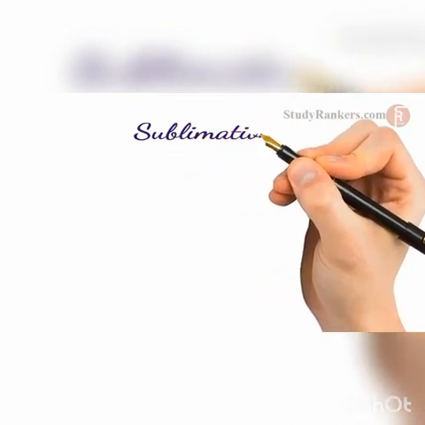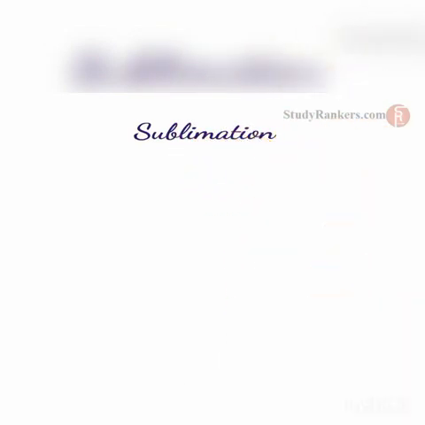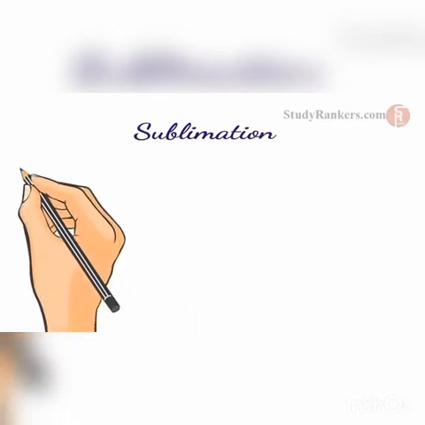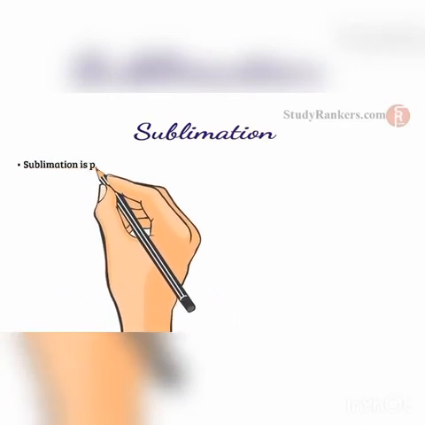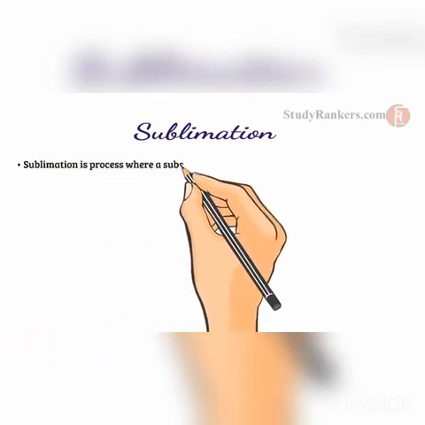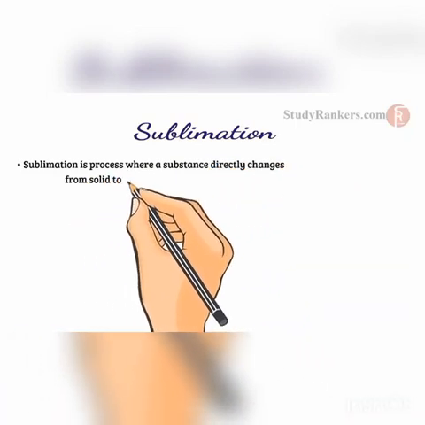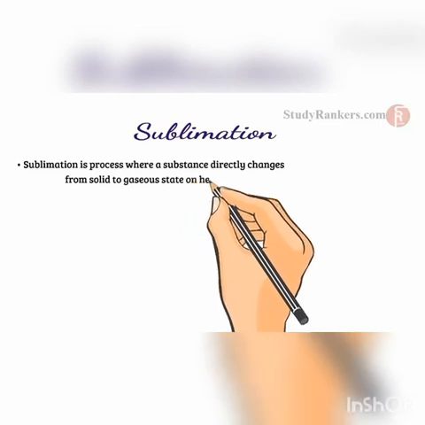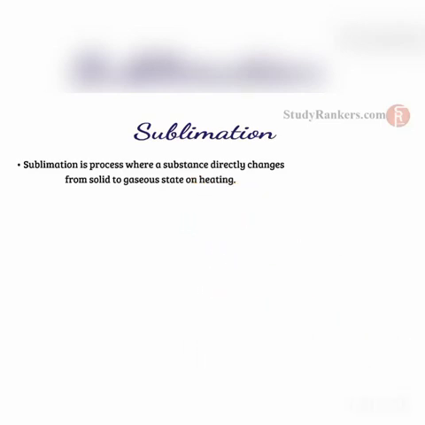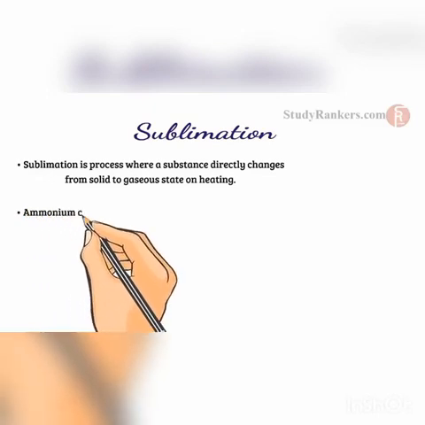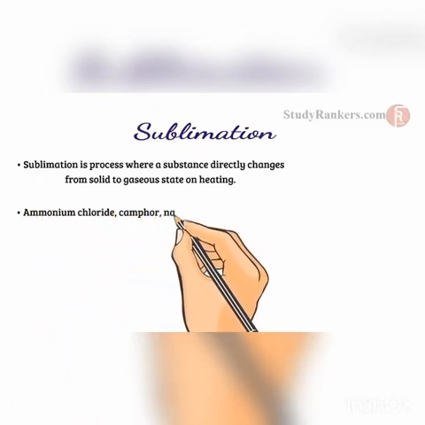Now, we will discuss the sublimation process. First, we will know what sublimation is. Well, sublimation is a process where a substance directly changes from solid to gaseous state on heating.